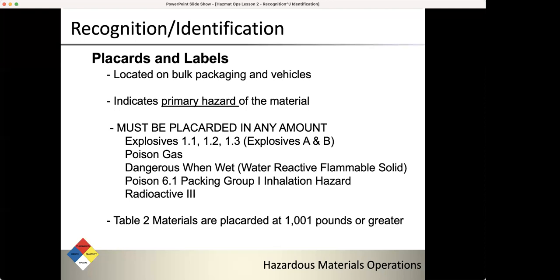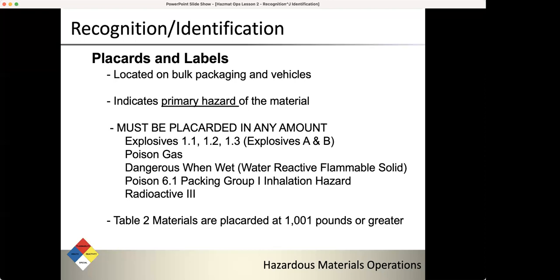Most things in that table, you have to have over 1,000 pounds in order for it to be placarded. So what does that mean for us? You could have a truck carrying 900 pounds of a hazardous material, and from the outside, you wouldn't know it. What's the difference between 900 pounds of that material and 1,001 pounds of that material? To us, not very much.